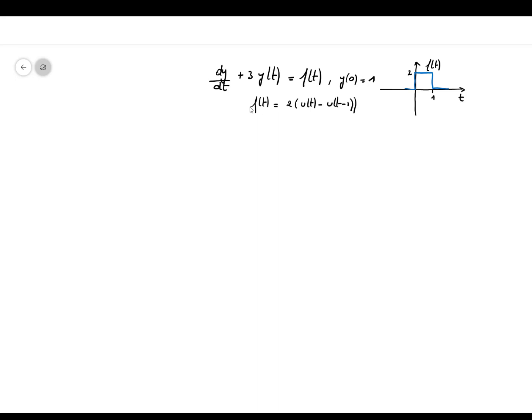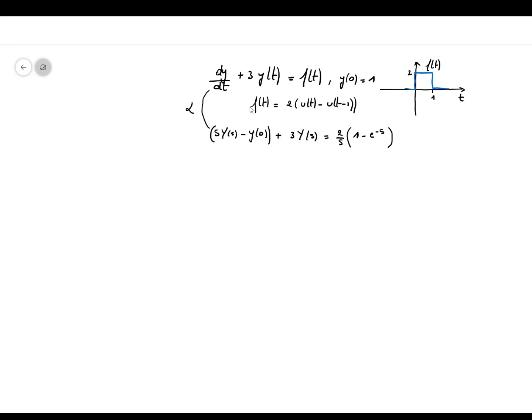So what we can do now is go to the Laplace domain. So what we'll have is sY(s) minus the initial condition plus 3 times Y(s), and on the other side we have the Laplace transform of f of t. This will have Laplace transform 1 over s, so it will be 2 over s, 1 minus, and here there is a time shifting, so we'll have e to the minus s over here.